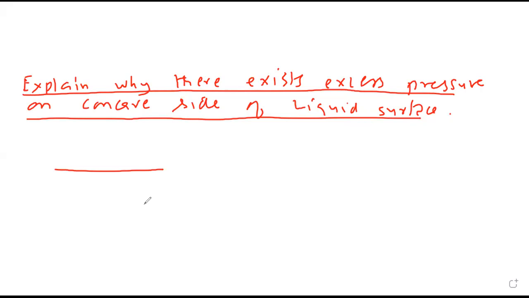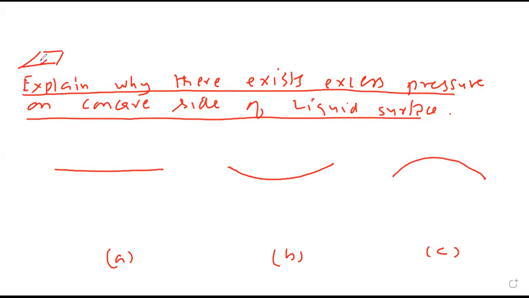So there are 3 types of surface. One which is completely wetting, horizontal; partially wetting, then concave; and convex. Now when you see from the top, you will see a dot of the imaginary line on which force is acting.